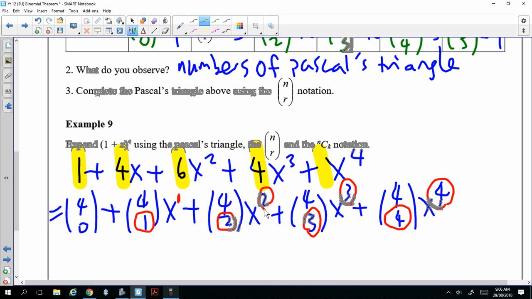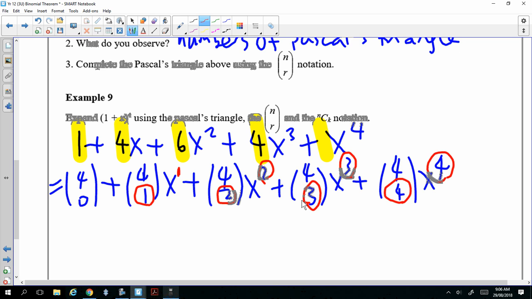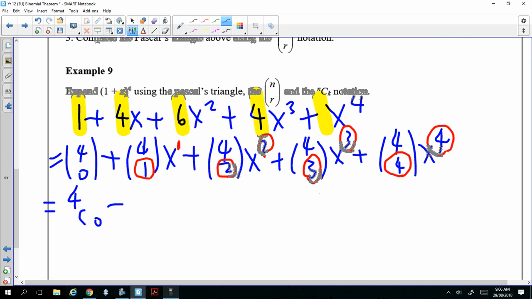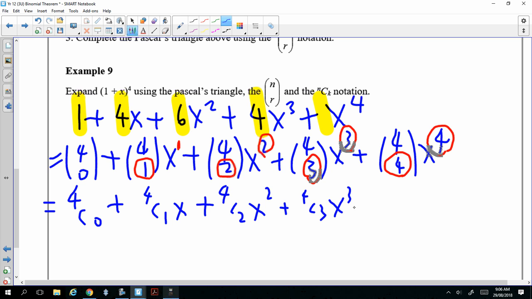In addition to that, I want to practice using the other notation, the 4C0, the C notation, because you need to be able to use both, depending on what the question uses. So 4C1, 4C2x squared, 4C3x cubed, 4C4x power 4.